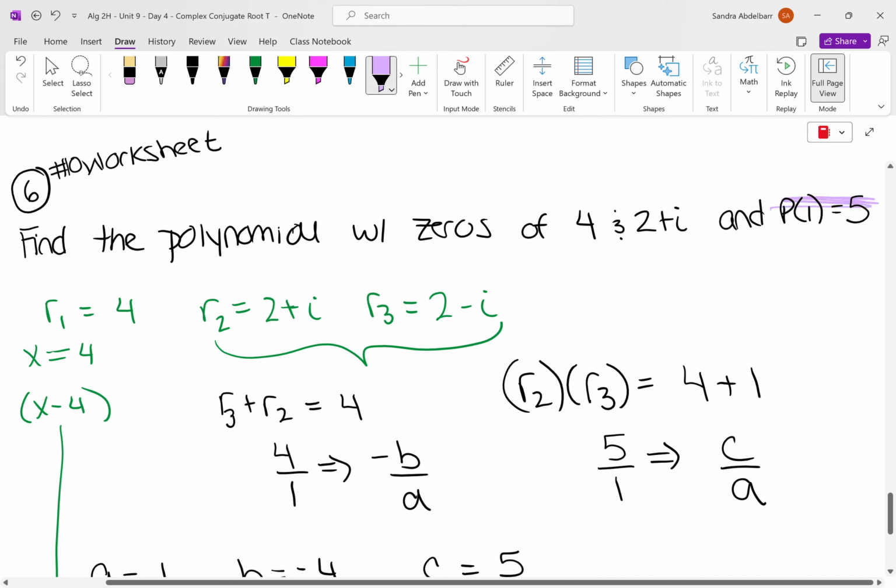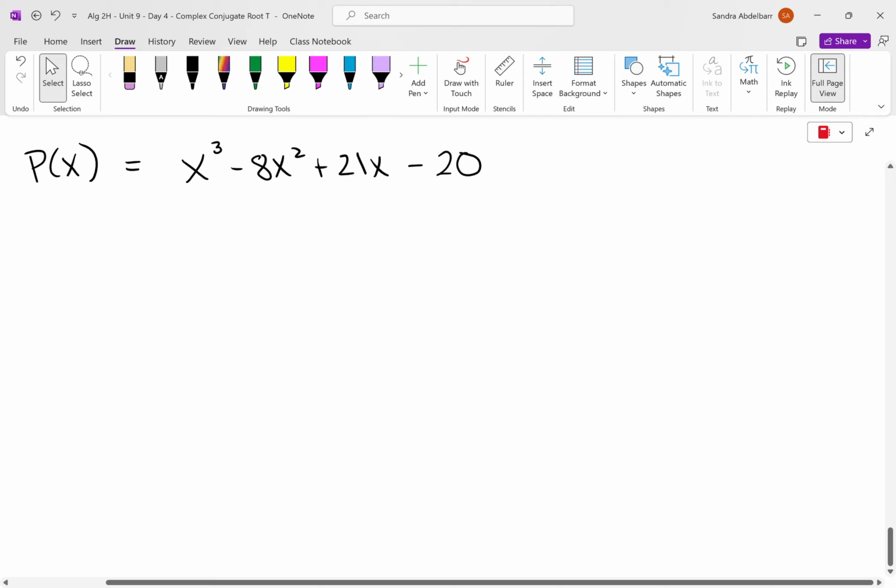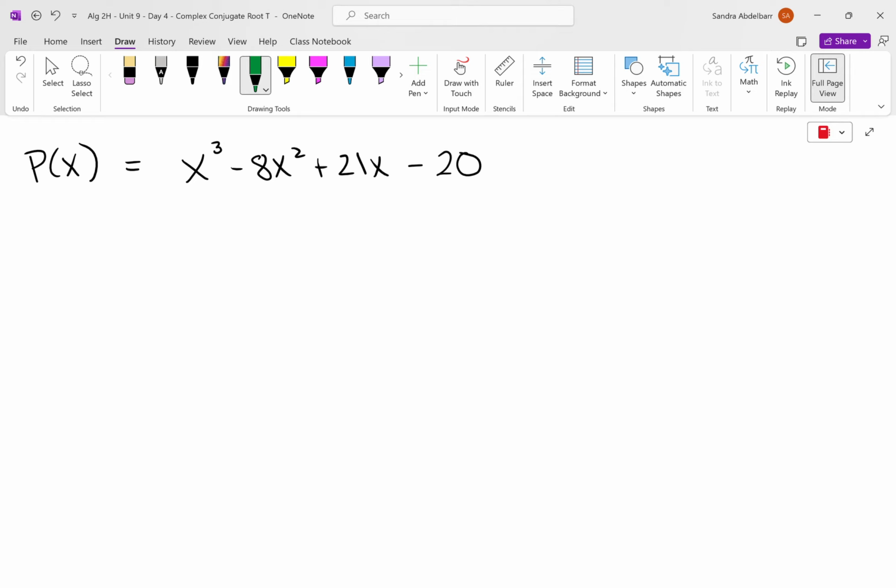But we're not done, right? What did it say? P of 1 has to be 5. So this is p of x. They're saying p of 1 has to be 5. So when I plug in 1, what should it simplify to? 5. Well, let's see what p of 1 is.